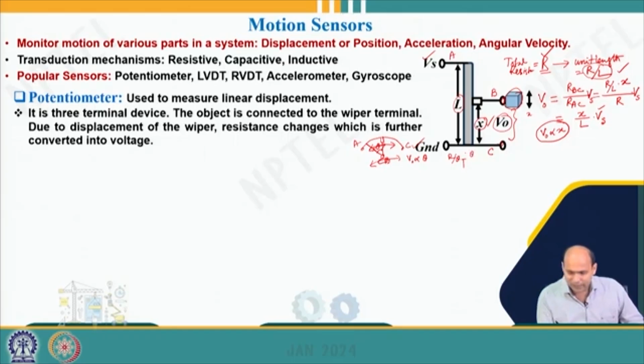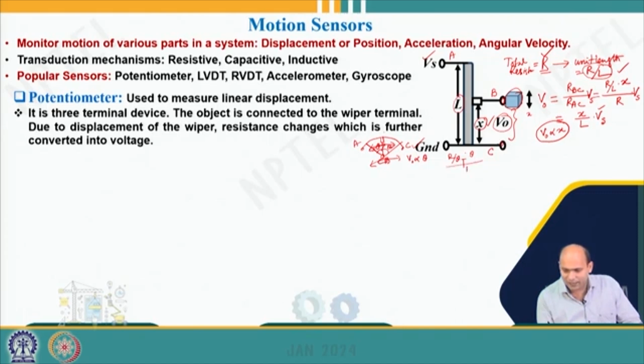that will be my resistance across this B and C. So suppose this one is your theta, then my RBC will be simply R by theta t into theta, is not it?